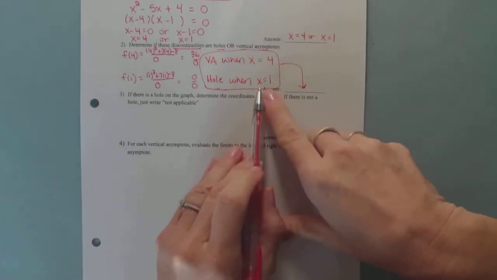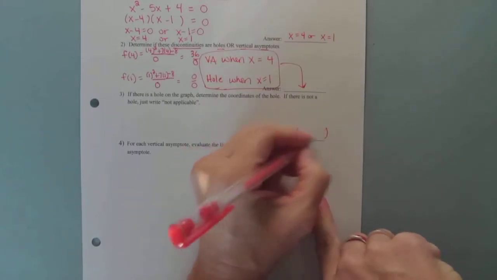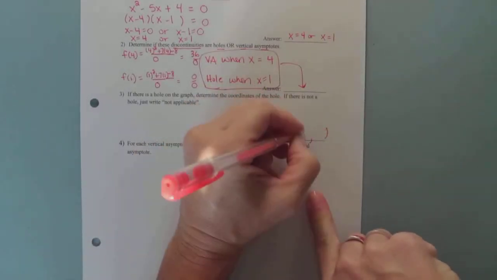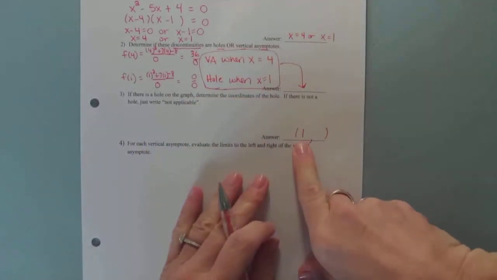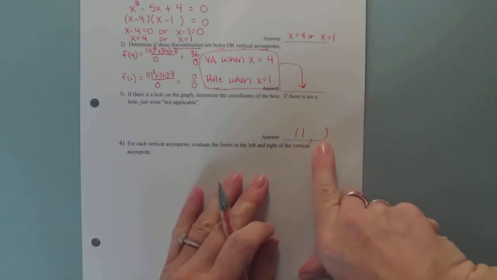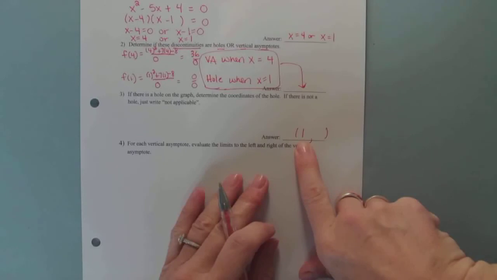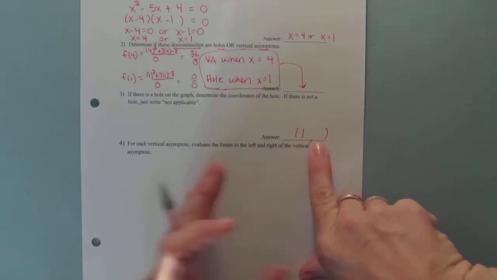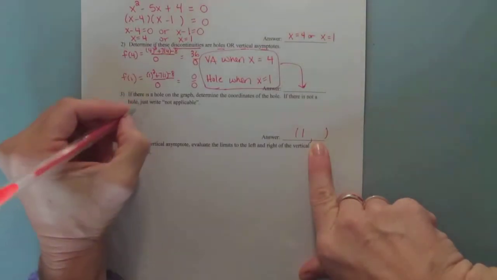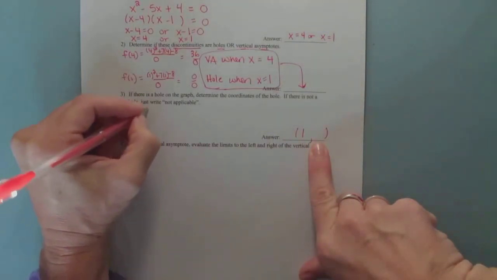From our last video, we know that to find the coordinates of the hole, we know that x is 1, that we're approaching a hole when x is 1, but we have to find what the y value is approaching. Even though we're undefined right at 1, we can still have a limit as x approaches 1, which will place that discontinuity.